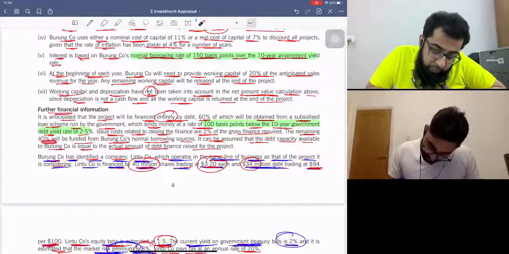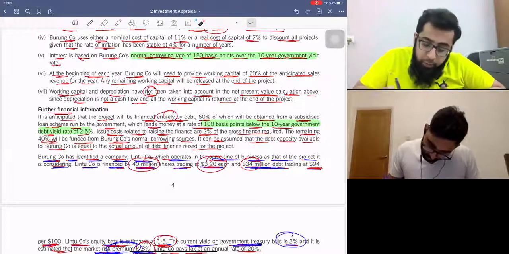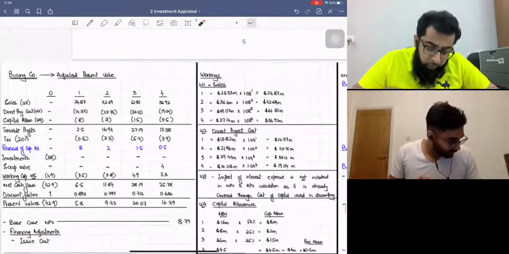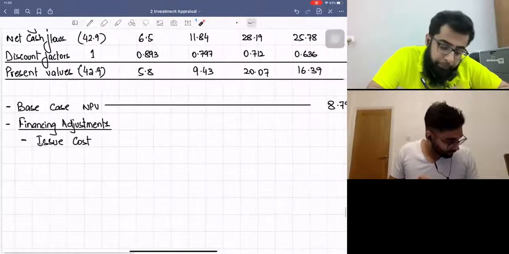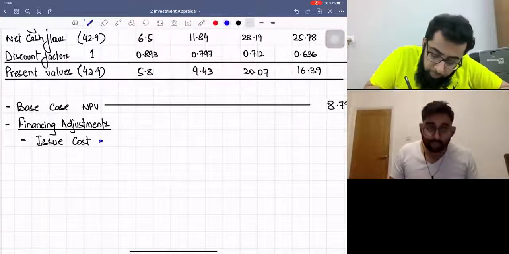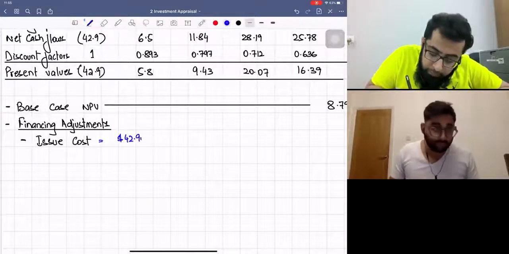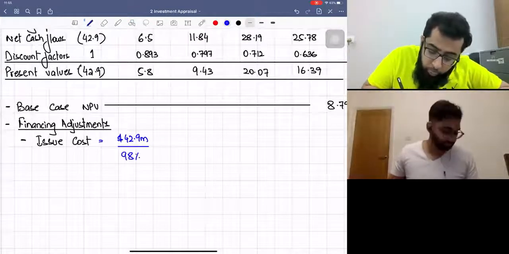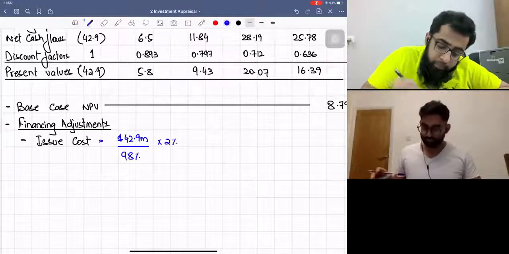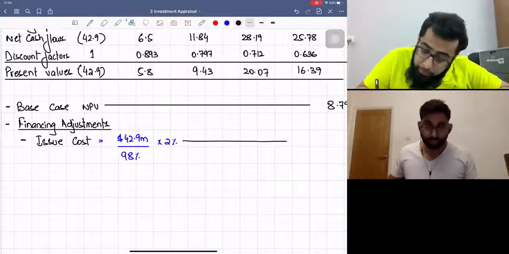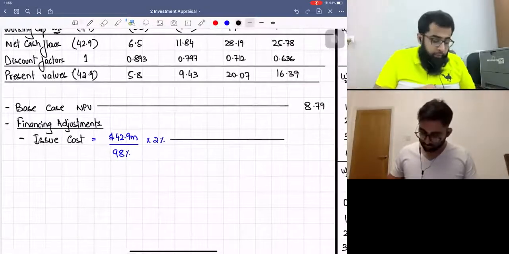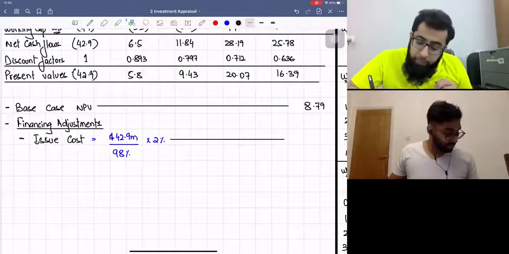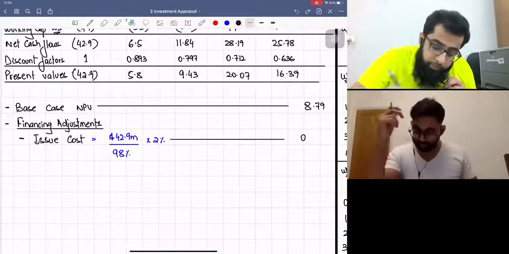The remaining 40% will be funded from the company's normal borrowing. So it is 2% of the gross finance. Very simple. We require 42.9 million divided by 98%, into 2%. So 42.9 divided by 98 into 2 is 0.87.